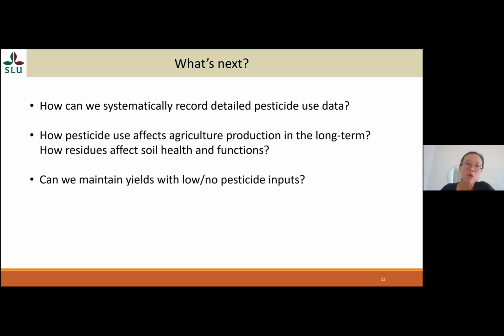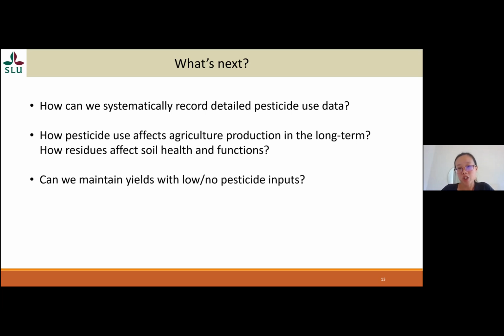The second point that I wanted to put forward is what are actually the impacts of pesticide contamination on agricultural production in the long term. We already know that pesticide use has created some problems in agriculture, for example, weed resistance and also loss of pollinators. But some recent studies show that pesticide residues can have negative impacts on earthworms and also soil microbes that are responsible for nutrient cycling.